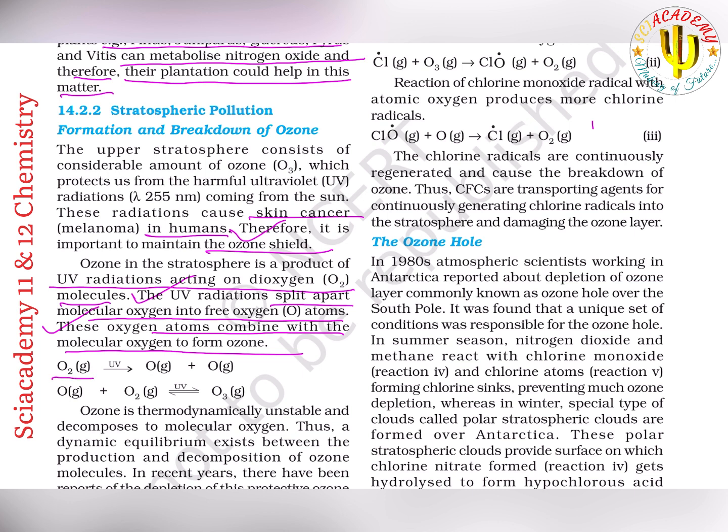The O2 molecule, because of the UV light, breaks into two oxygen atoms. Oxygen atoms then combine with the oxygen molecule in the presence of sunlight to give ozone gas.